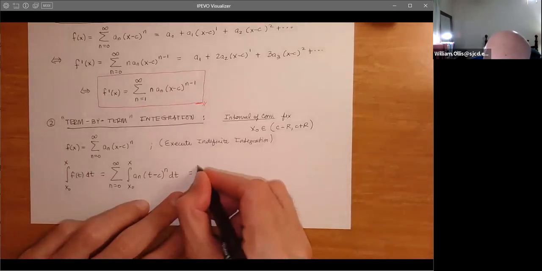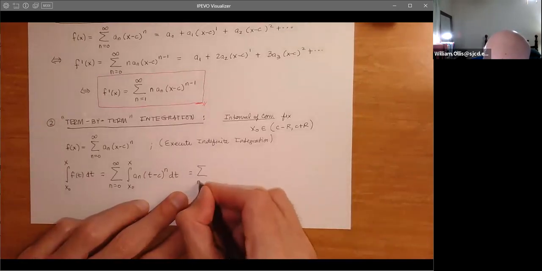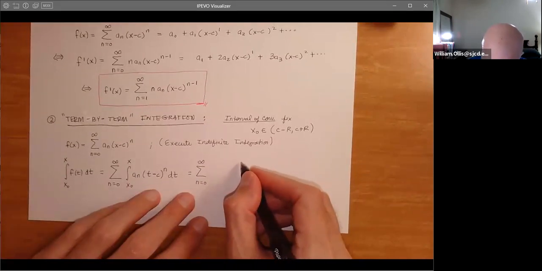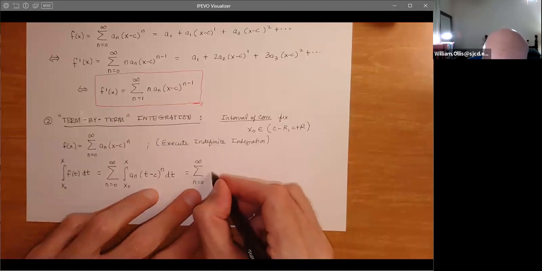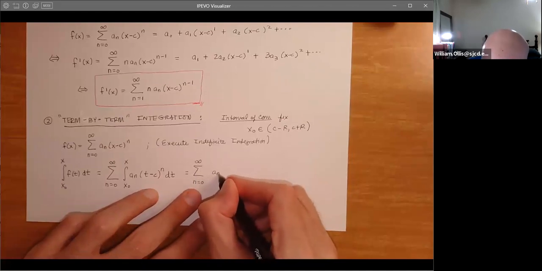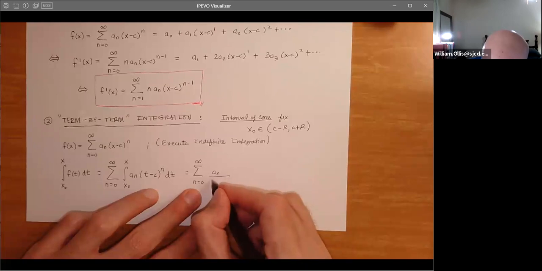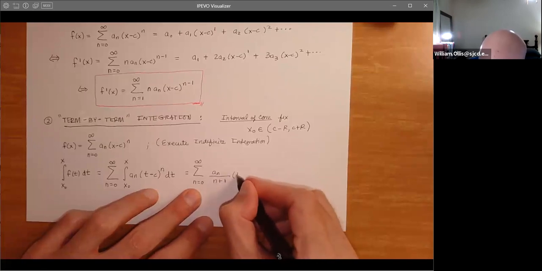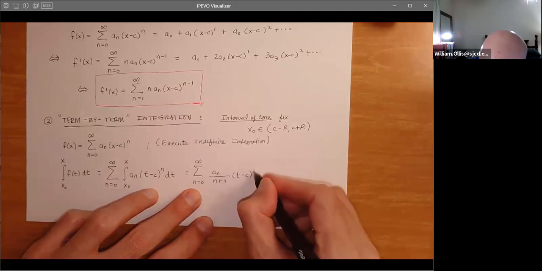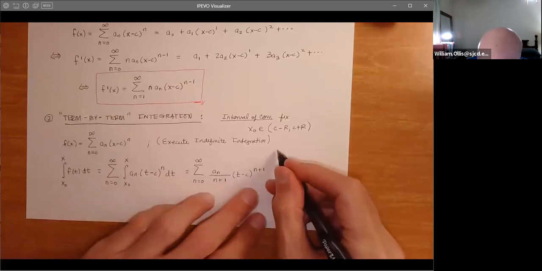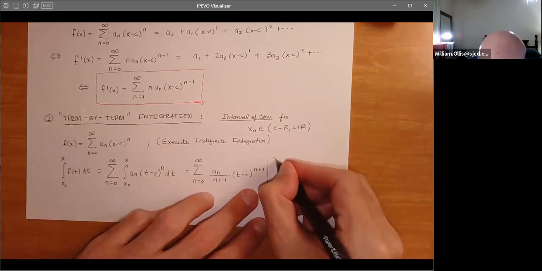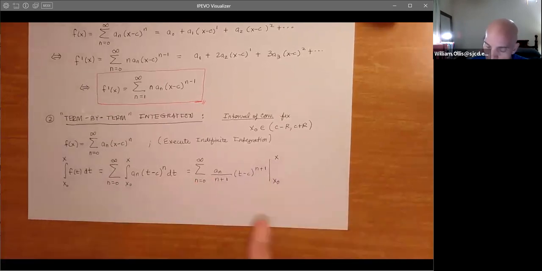So this will be the series, and then we'll apply the fundamental theorem to our indefinite process here. So we get a sub n divided by n plus 1, and then we have t minus c to the n plus 1 evaluated from x naught to x. Okay, so we're looking for a general formula.